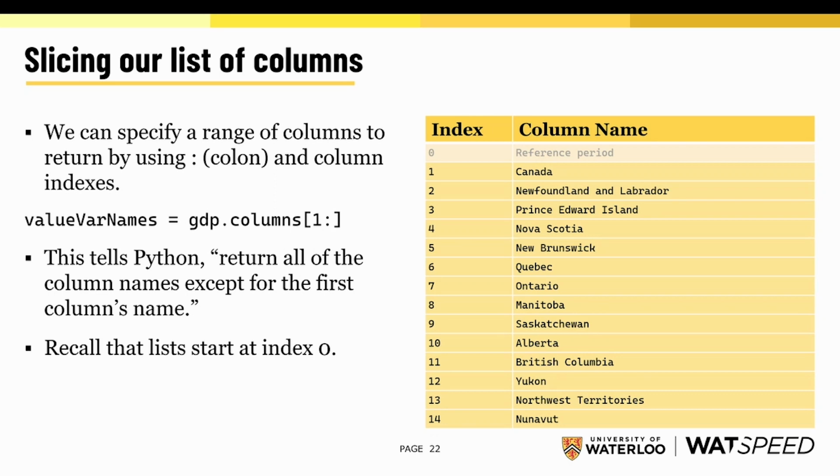Now let's say I wanted Quebec, Ontario, Manitoba, and Saskatchewan's data. Take a look at their indexes and take a look at this slicing method we're using. What values should I fill in for the left-hand side of the colon and the right-hand side of the colon? Pause the video and give it a try.